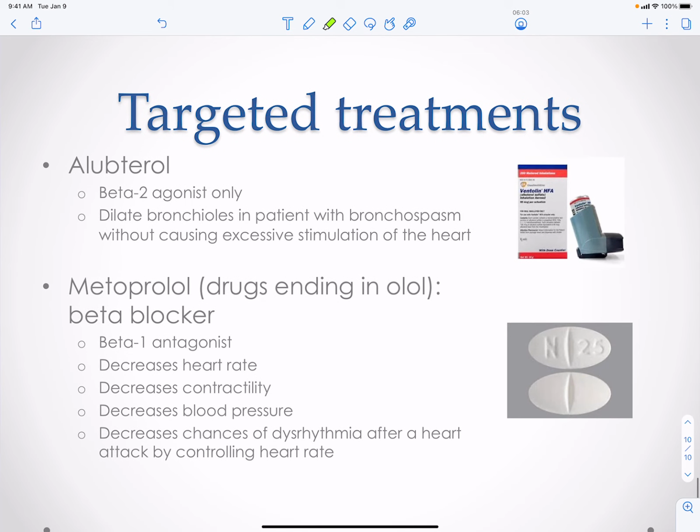Albuterol is going to be a beta 2 agonist only, so this is going to help dilate your bronchioles, and it does it without that overreaching epinephrine approach. So your albuterol is not going to have excessive stimulation of the heart.